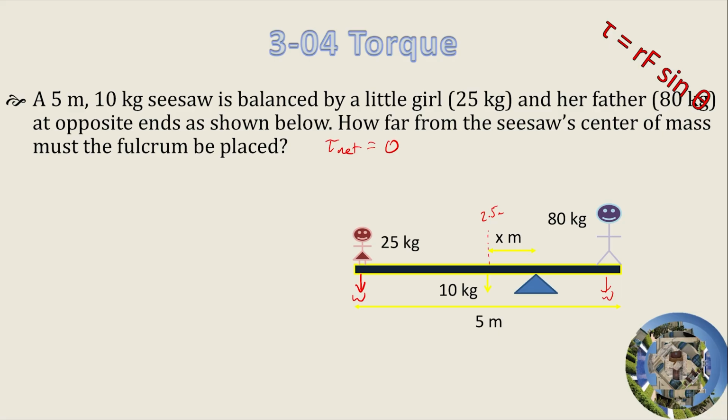So the girl and the father are each 2.5 meters from the center. So if I do the weight of the girl times her distance plus the distance of the father times the weight of the father. But we also have the board, so we have the distance of the board and the weight of the board. Should all equal 0.